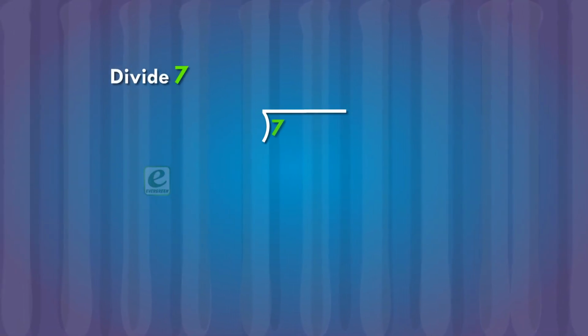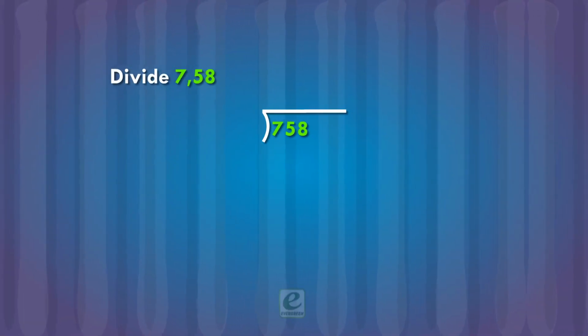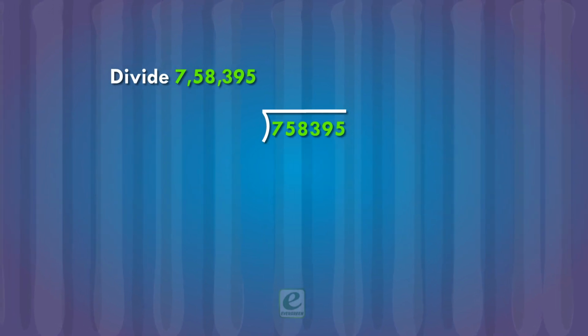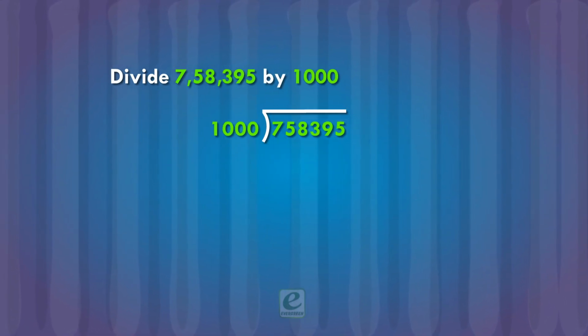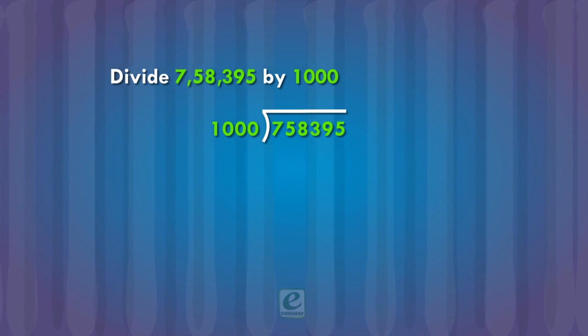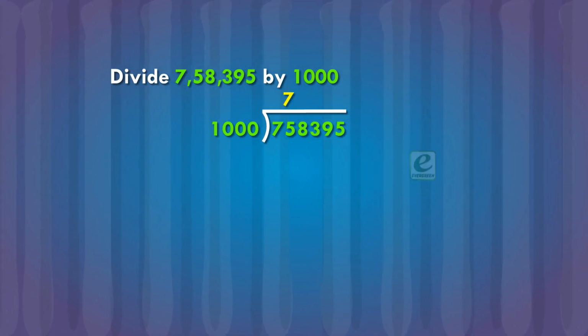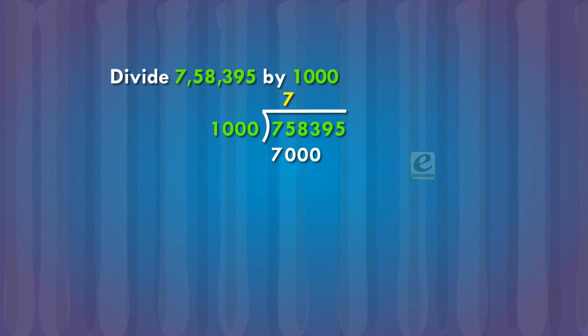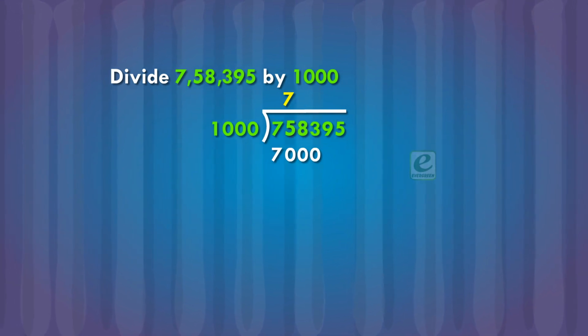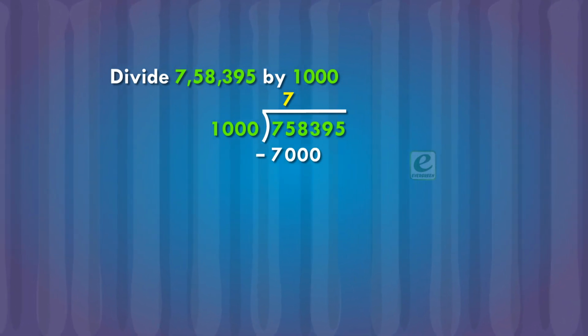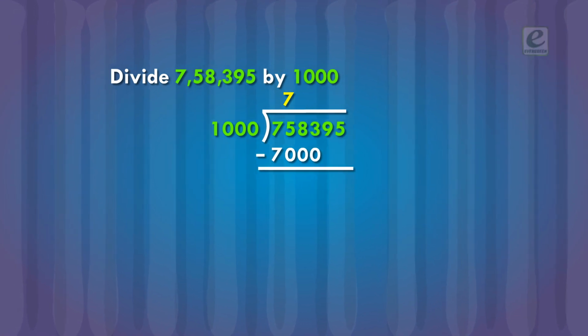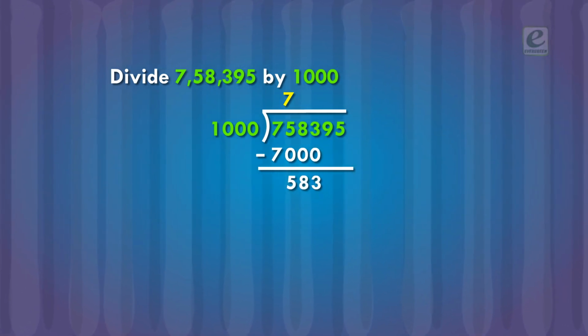Divide 7,58,395 by 1000. Let us start dividing. 1000 sevens are 7,000. 7,583 minus 7,000, we get 583.